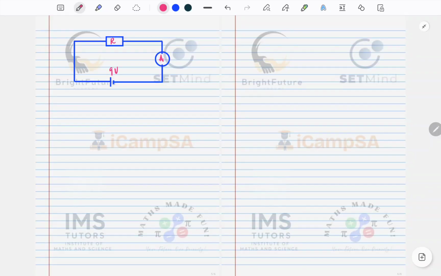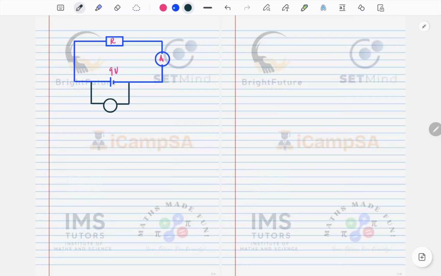My point of drawing this was to show you that we can have a wire like this, another wire here, and then another circle here.